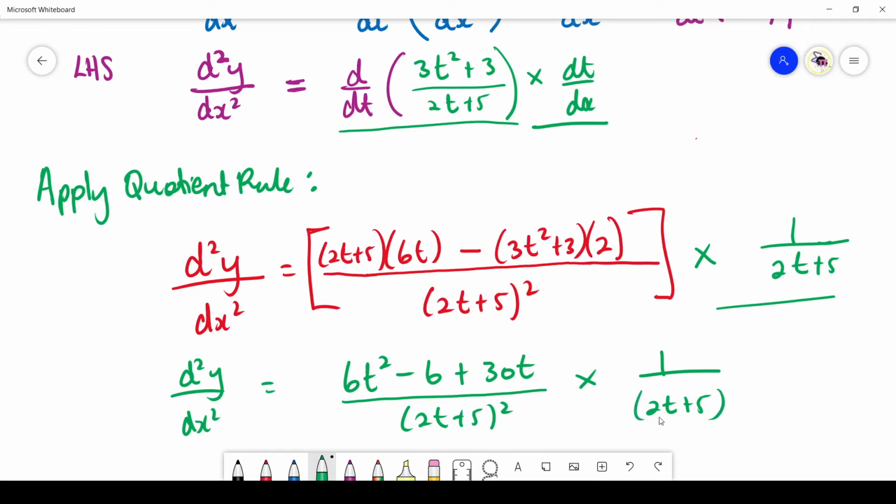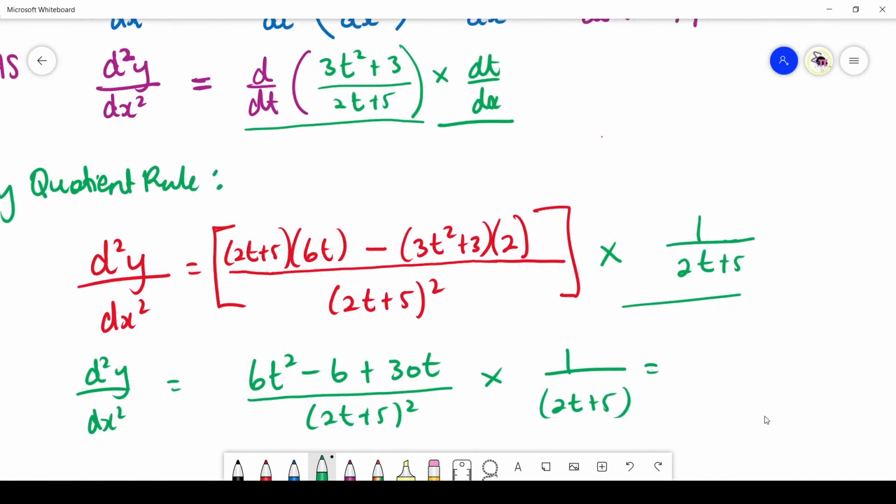You can see that we have similar denominators here, so we can simply clear that up to look as follows. 6t squared minus 6 plus 30t all over 2t plus 5 to the power of 3.